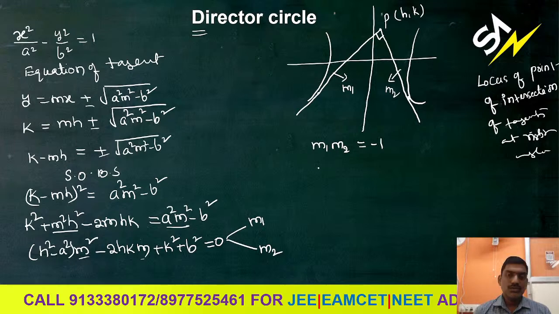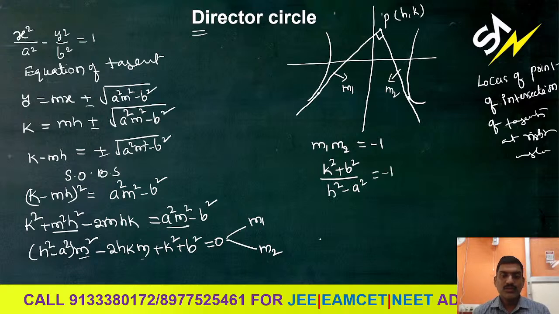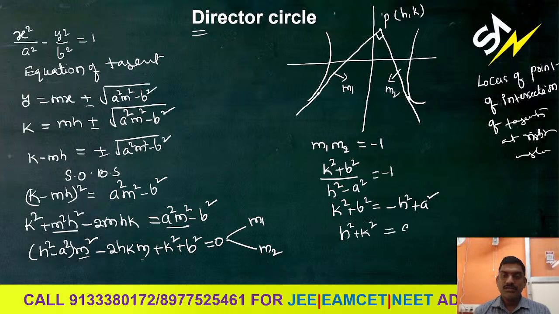By the c by a formula, it is (k square plus b square) divided by (h square minus a square), which equals minus 1. Then k square plus b square equals minus h square plus a square. Bring h square to the left side: h square plus k square equals a square minus b square.